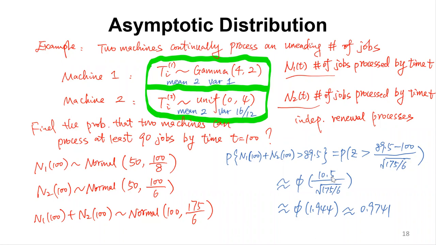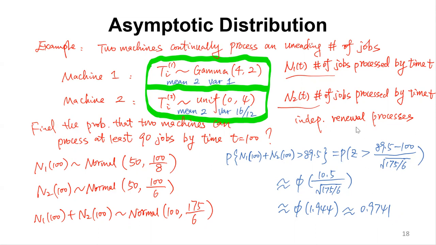So 89.5 minus 100 over the standard deviation equals about minus 1.944. So the probability is 0.9741.